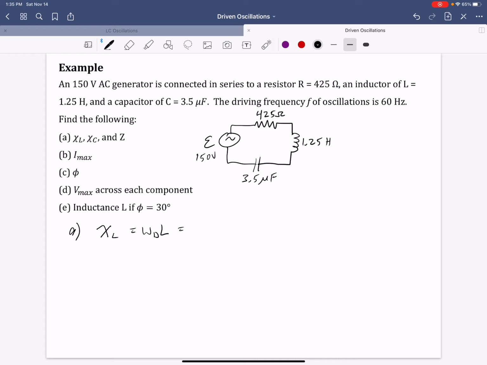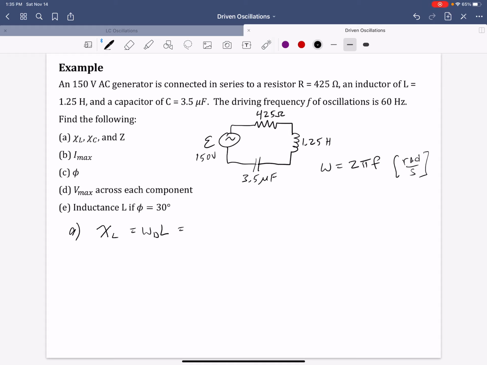So the driving angular frequency is what we have to use in our equations. So remember the relationship between frequency and omega, right? Omega equals 2 pi f. The units for omega are radians per second, and 2 pi is in radians. The units for f is in inverse seconds.